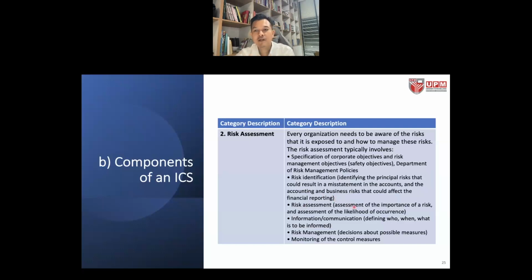So the importance of risk and the assessment of the likelihood of occurrence have to be included.